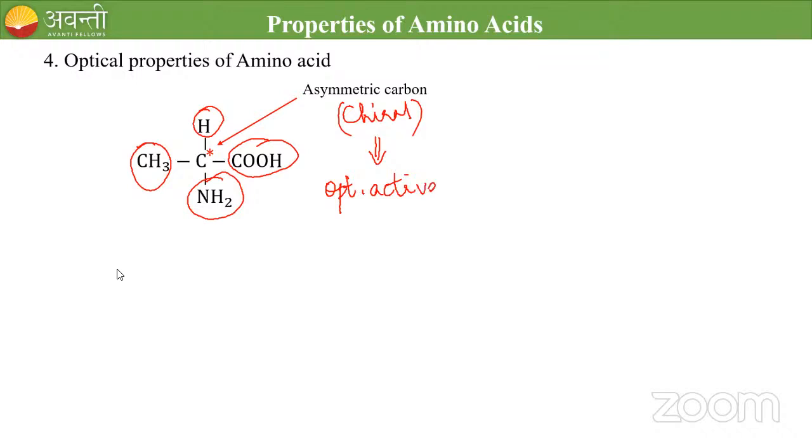This is one of the criteria for a compound to be optically active. So amino acids are optically active except glycine. This is what I have discussed in the previous slide. Got it? The only optically inactive amino acid is glycine.